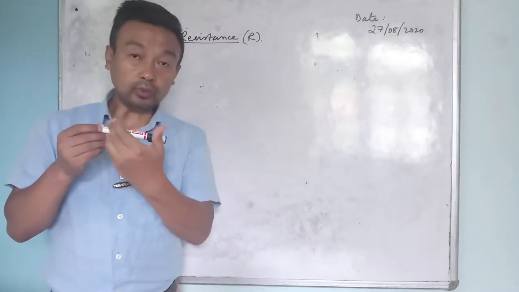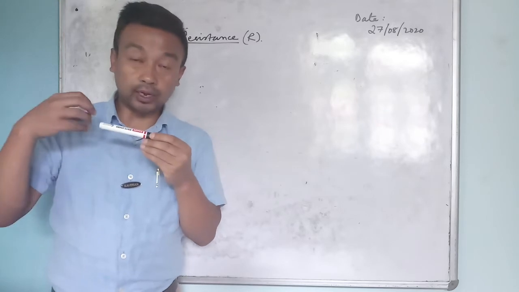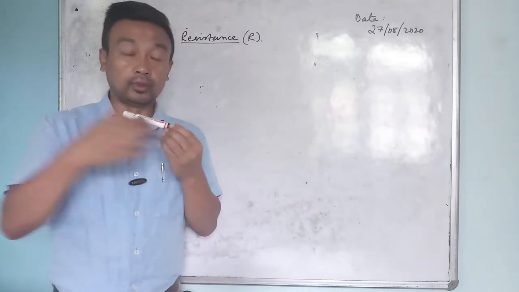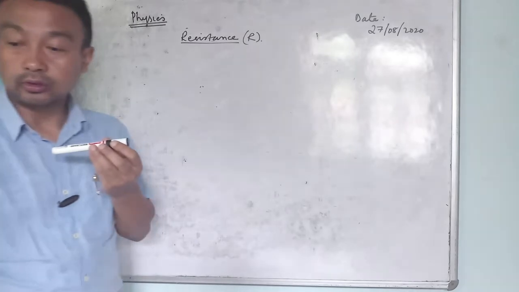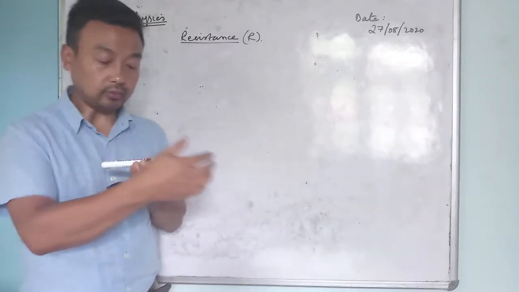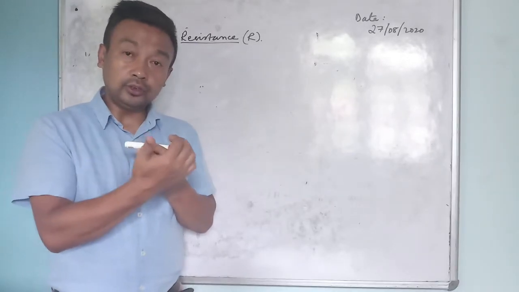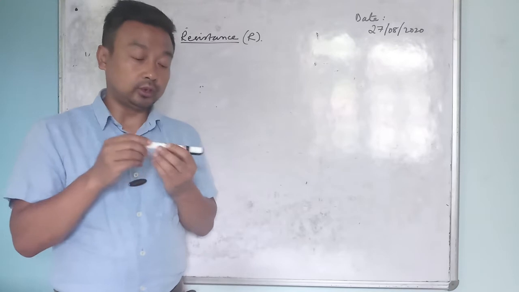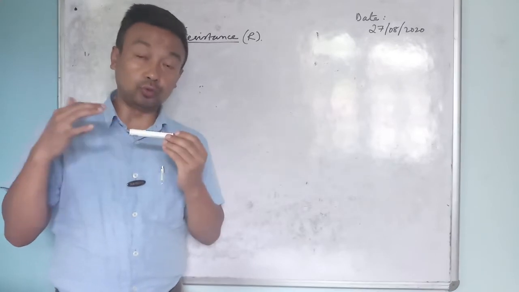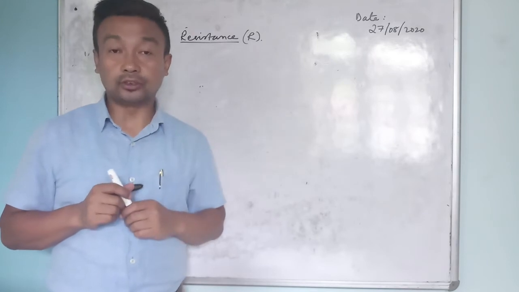Suppose this is a conductor, and you have the electrons inside this, and these electrons are moving here. So what happens is, when there is some kind of obstruction to the flow of the electrons, then that is defined as the resistance.